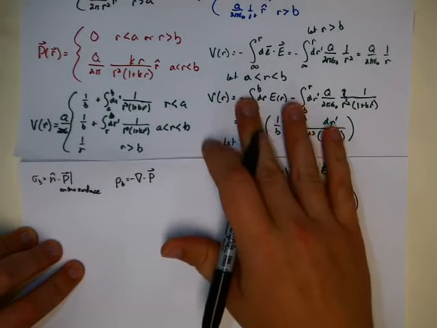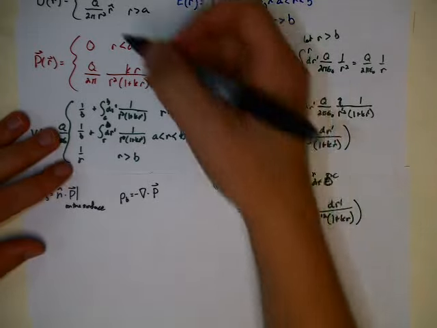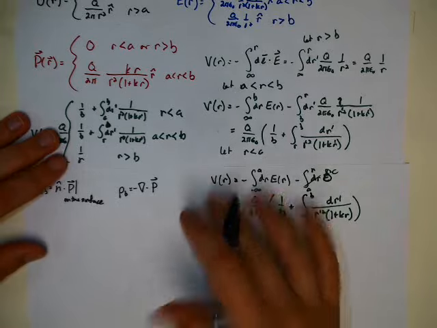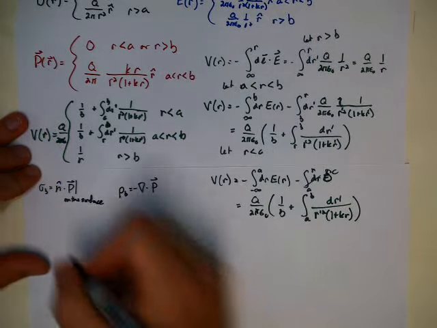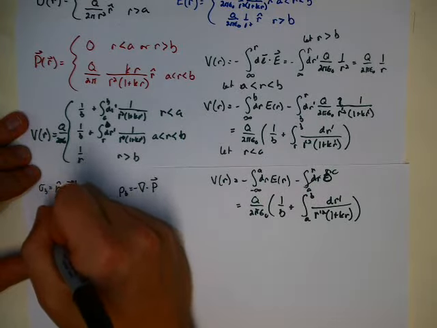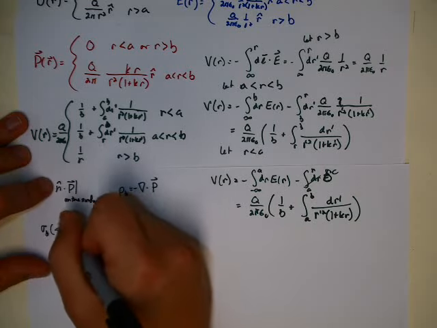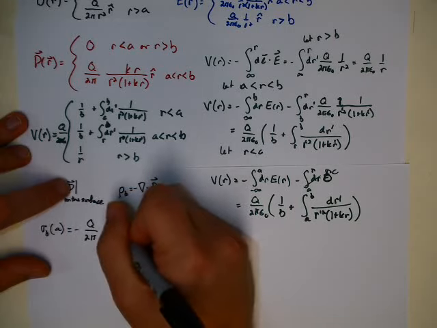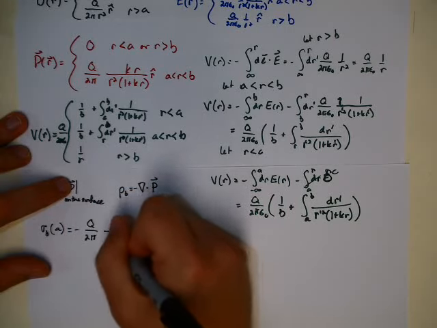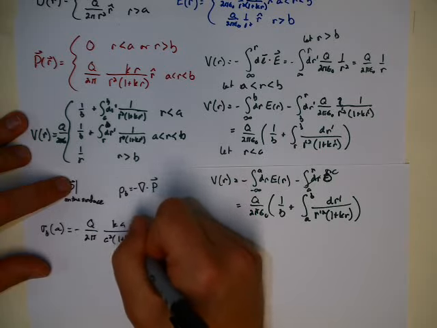And so since the polarization vector we have right here is in the r hat direction, we just need to evaluate this on the inner surface, take a minus, on the outer surface, it's a plus. And so rho, the bound charge on the inner surface, we'll say that's at a, is going to be equal to minus Q over 2 pi Ka over a squared, 1 plus Ka.